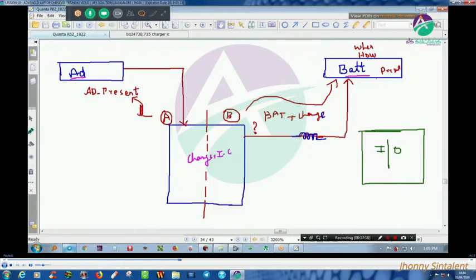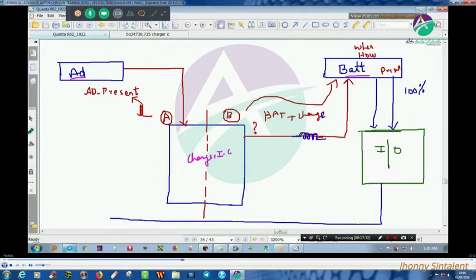Point number two, what is the information that is reaching the IO controller, so that if the battery is 100% charged, this will cut off the adapter present.